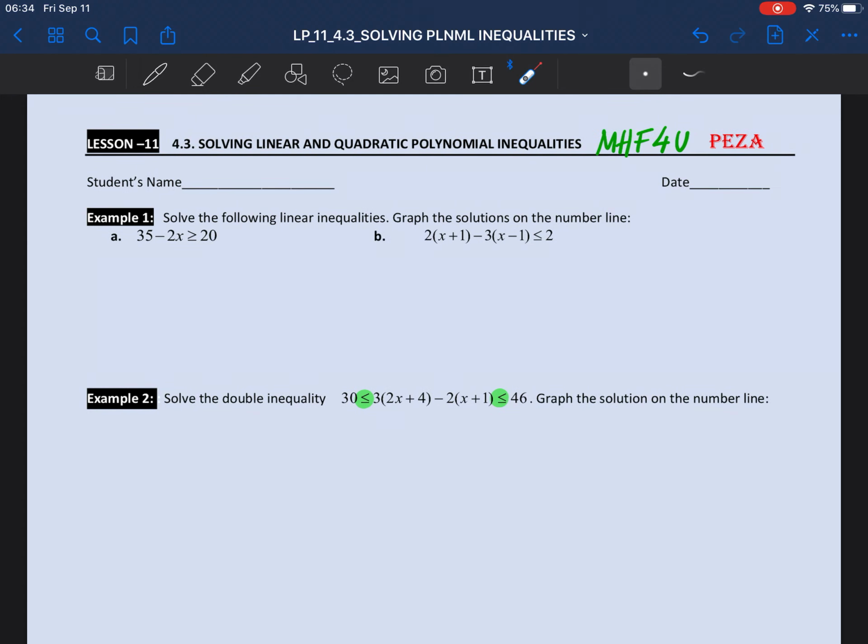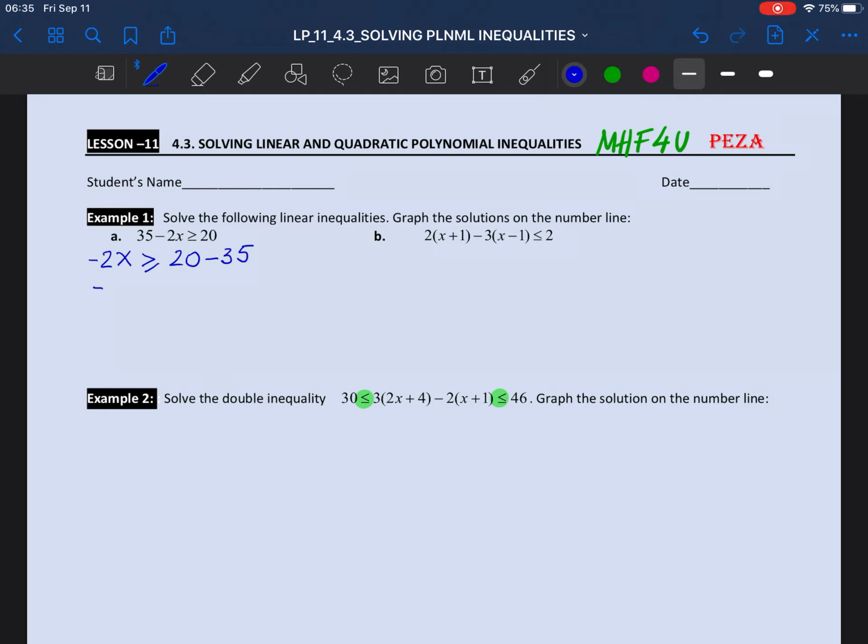Example 1. We are solving 35 minus 2x bigger than or equal to 20. We're keeping the variables on one side, so I'm leaving negative 2x on the left side. And we're going to bring all the constants to the other side, which means that positive 35 will become negative 35 and join the 20.